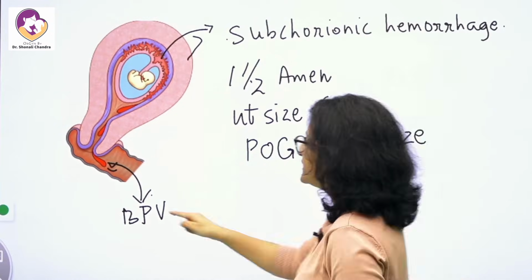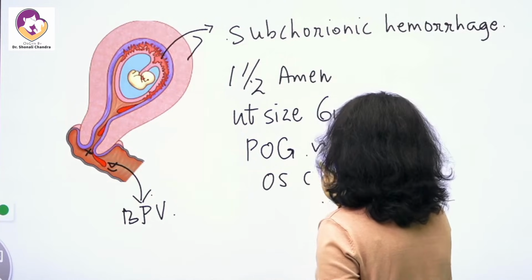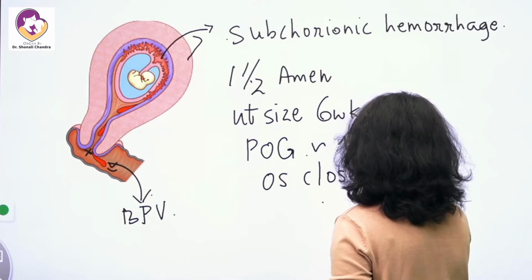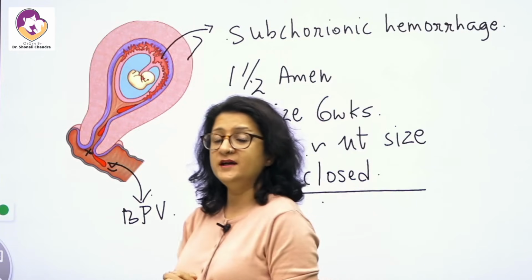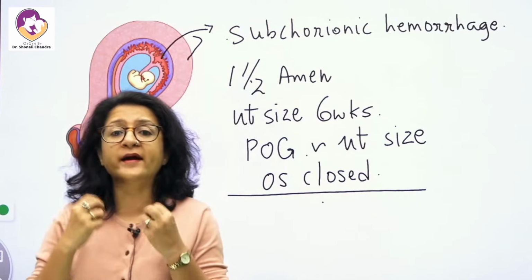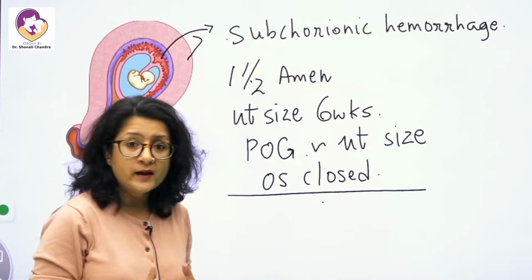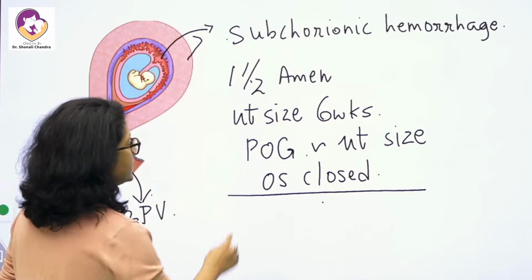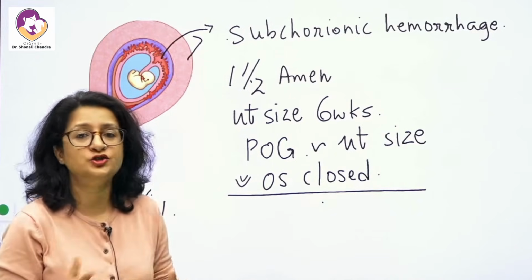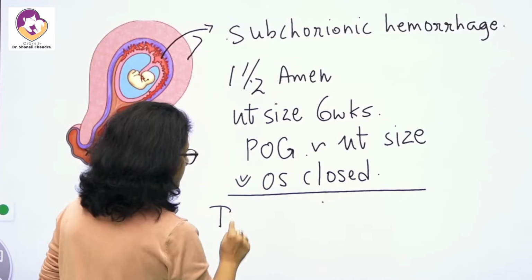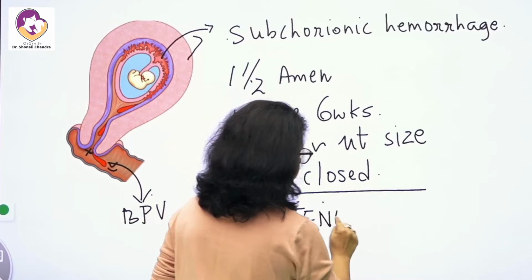And very importantly, as we can see here, the os is closed. So when this is the clinical situation, the likely diagnosis is that she is in a state of threatened abortion. The threat to abortion is very real, but the important point is that the os is closed. So the process of actual expulsion has not started. This is what we call threatened abortion.